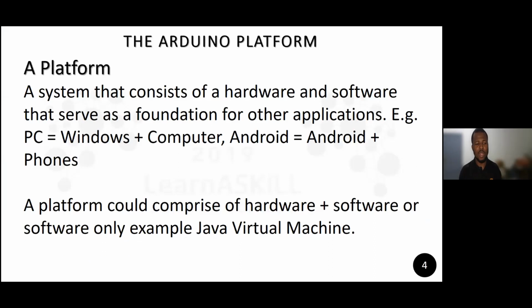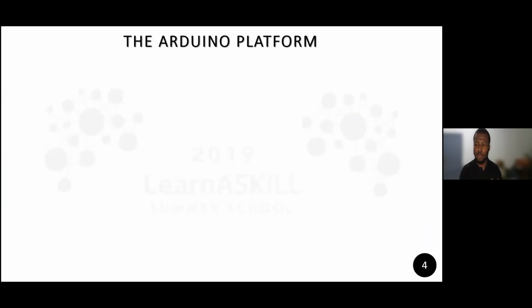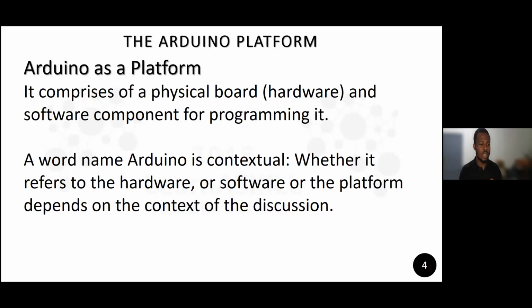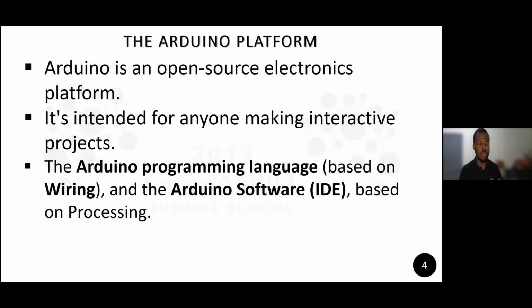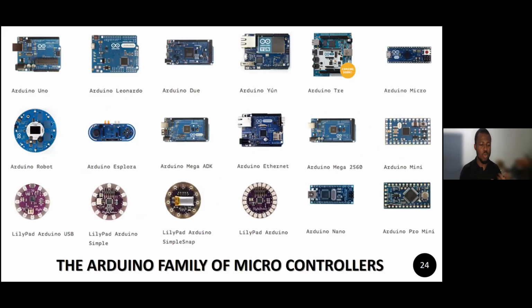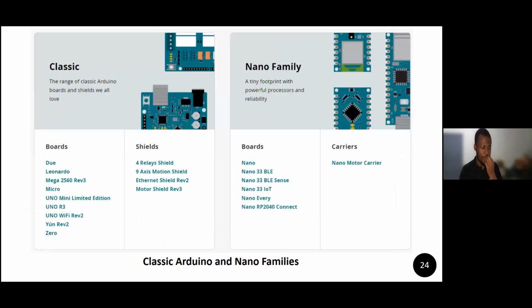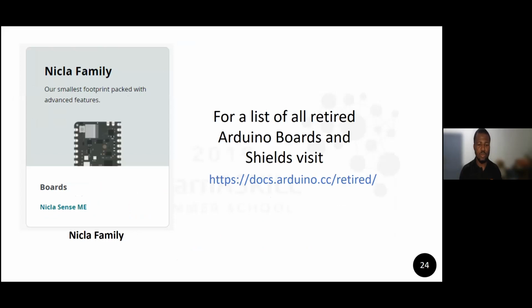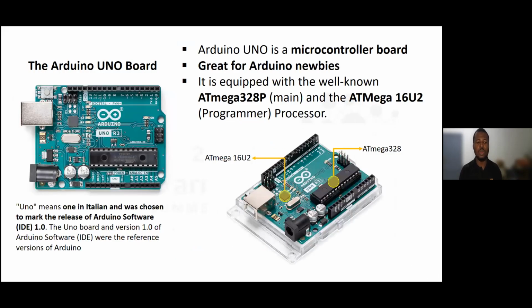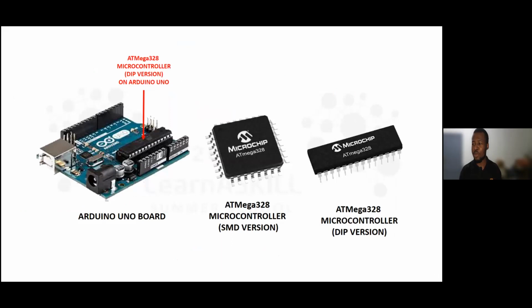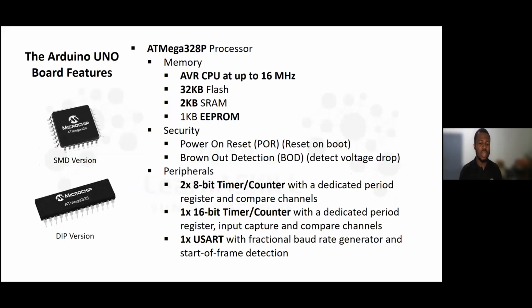Okay. And we talked about Arduino as a platform. I mentioned that the platform is a combination of hardware and software, but right now we all have what we call the software-only platforms. And we talked about Arduino as open source, what that means, why you should be using Arduino, the various Arduino families, which of them to choose for what project. We talked about the types of microcontrollers present on a genuine Arduino, and some of the features that they have.